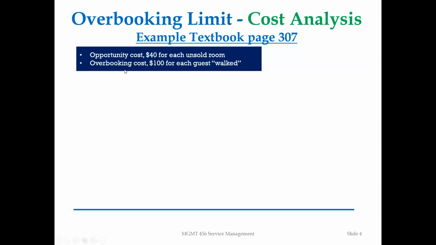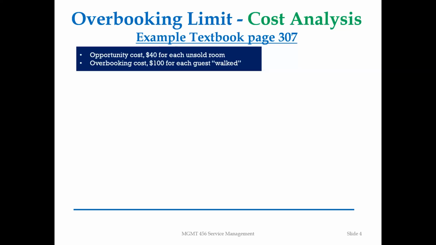So when you overbook by too much, there's an overbooking cost. In this case, it's $100 for each guest walked. You have to walk each guest to a nearby hotel. It costs you about $100. That represents, for example, the inconvenience plus the price difference between your hotel and the nearby hotel.